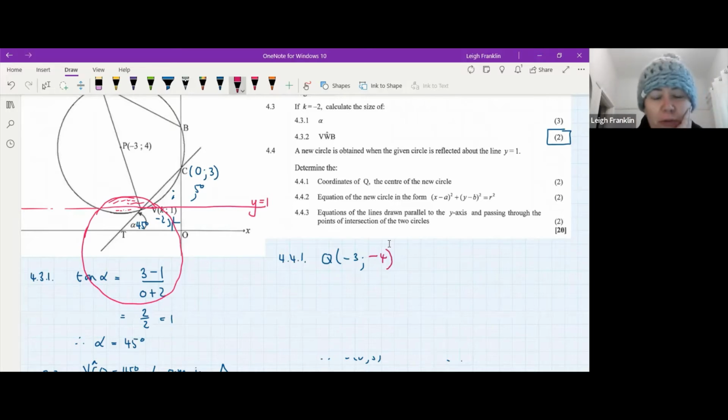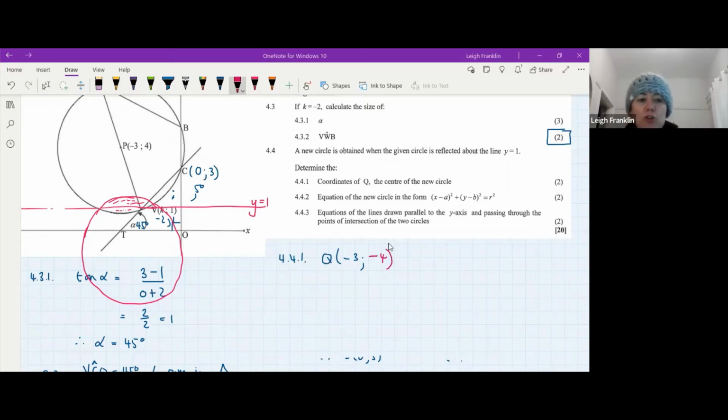Does anybody know? There we go, Kayla: because it wasn't reflected about the line y equals 0, or the x-axis. If it was reflected over the x-axis, 100%, but it wasn't. It was reflected over the line y equals 1.